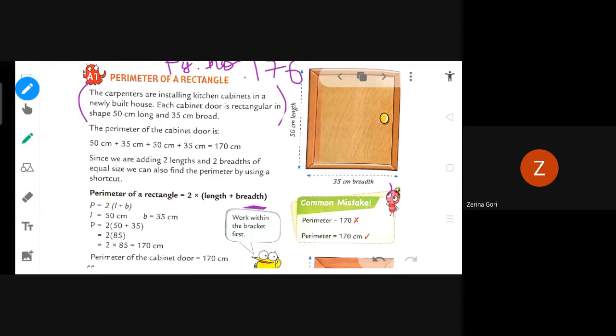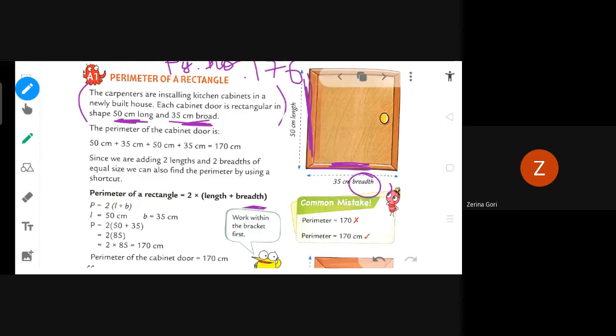Here it is written 50 centimeter long, means lambai, it is this long. And 35 centimeter broad means breadth.